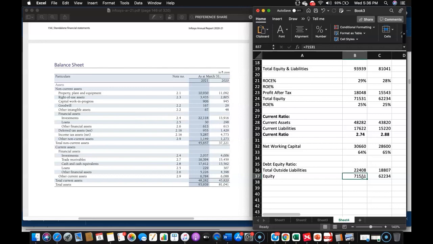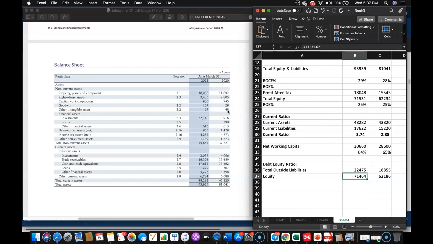So from the 71,531, I'm deducting the 67 crore, and in the previous year, from that 62,234, I am deducting this 48. I'm also going to deduct this goodwill; these are all the acquired goodwills.